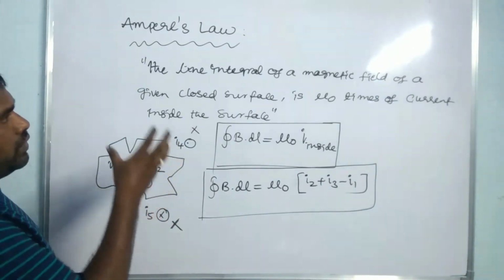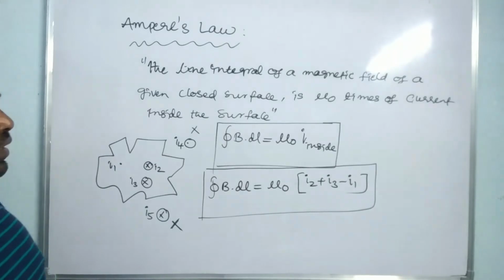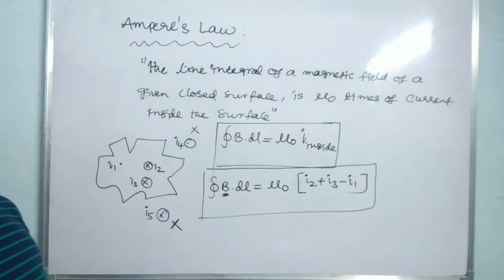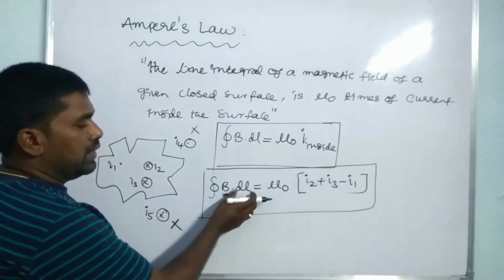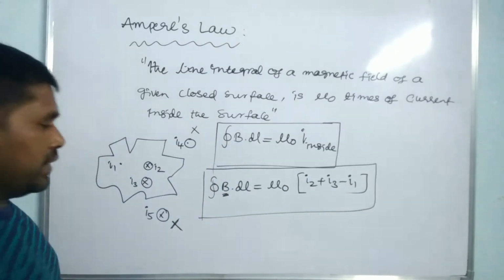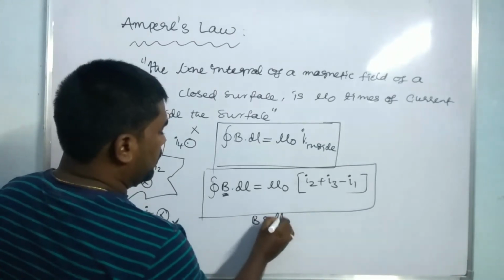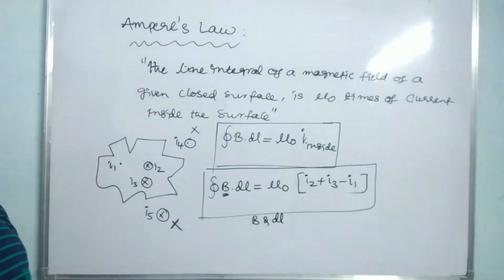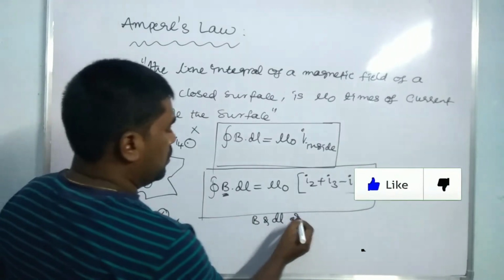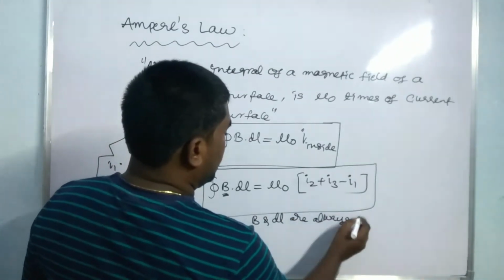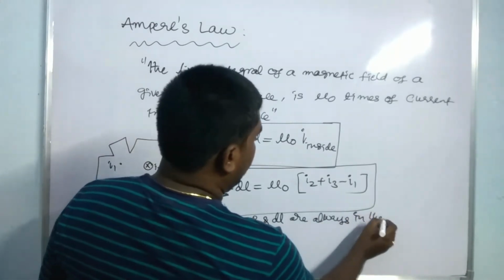Whenever we apply Ampere's law, the direction of the magnetic field and the small element dl are always in the same direction.